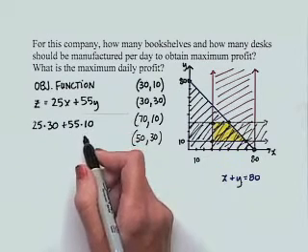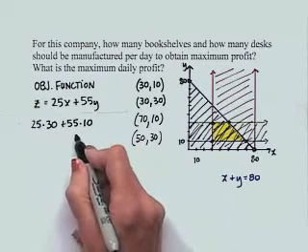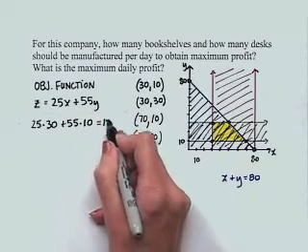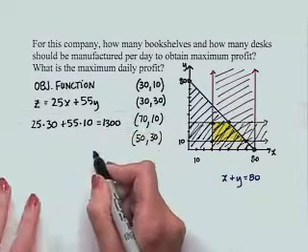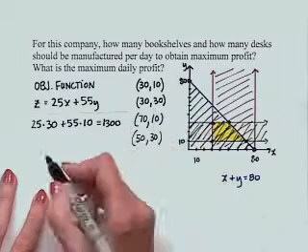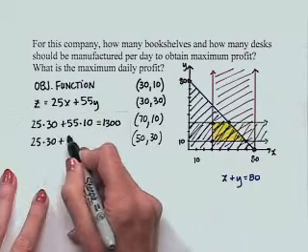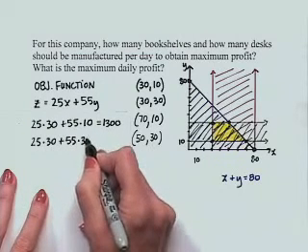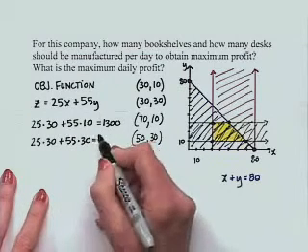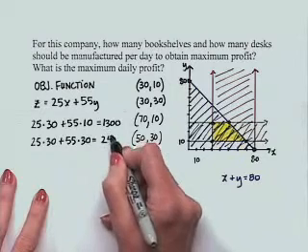That value is going to end up giving us a total of 1,300. Let's go to our next point, 30, 30. We'll be evaluating 25 times 30 plus 55 times 30. We can evaluate that and come up with a value of 2,400.